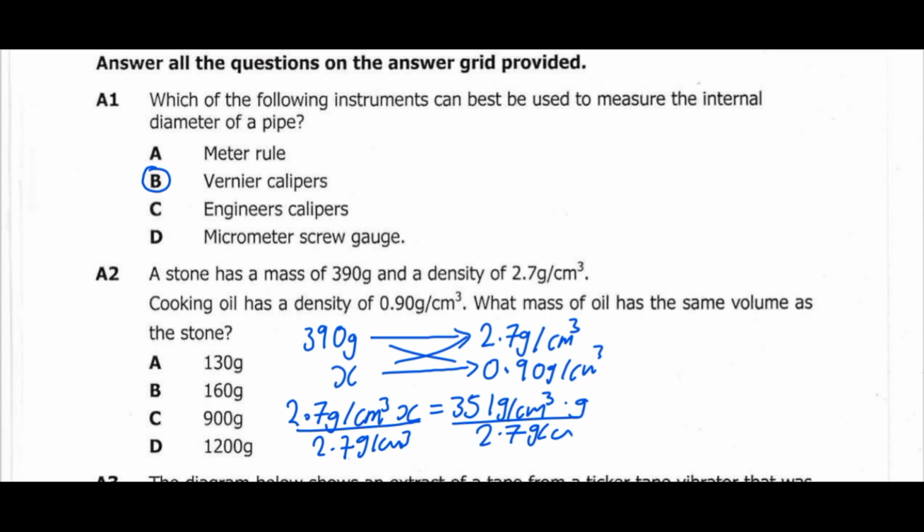If we cancel, we have x is equal to 351 divided by 2.7. So according to my calculations, I'm getting 130 grams. So this is the answer.